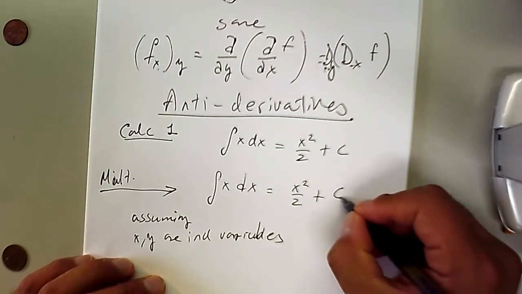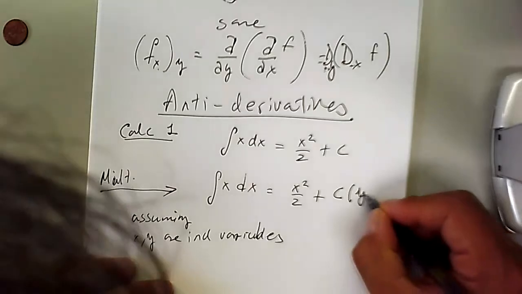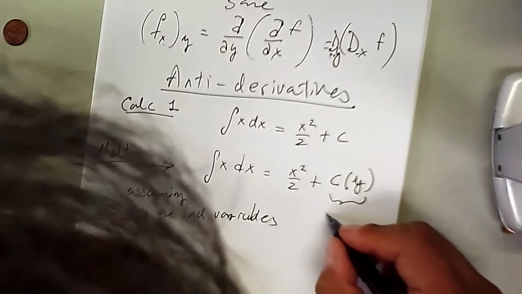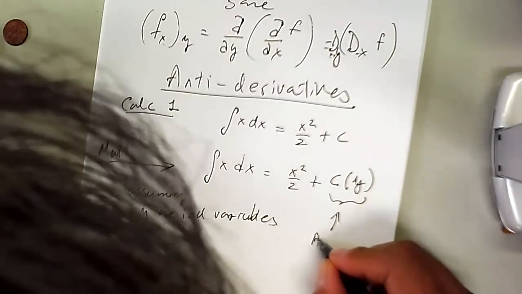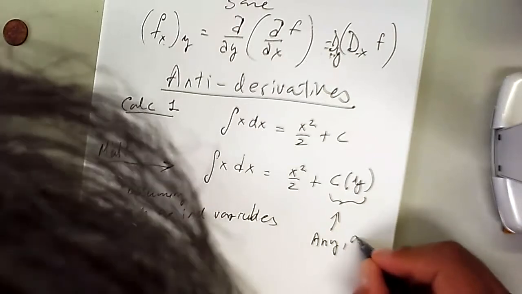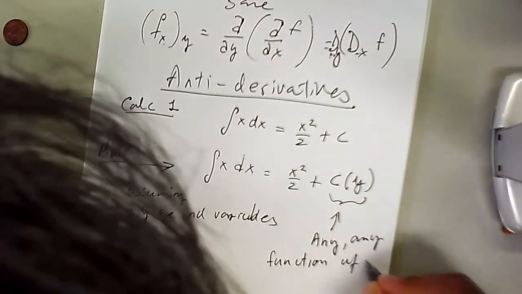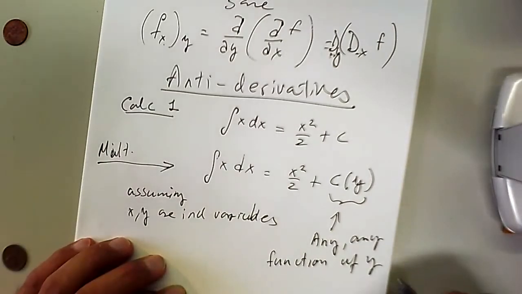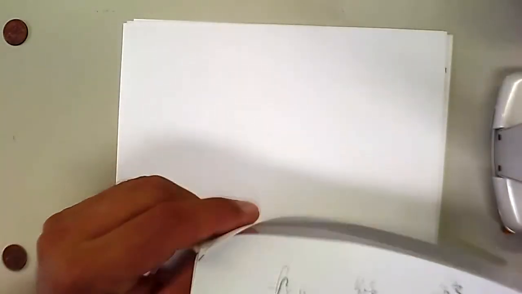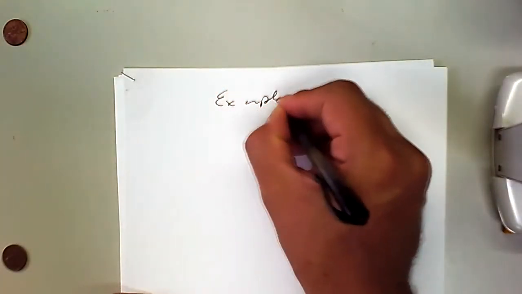So we usually write down c of y, where this is any function of y. Let me just do a quick example of this. Example 6, about antiderivatives.